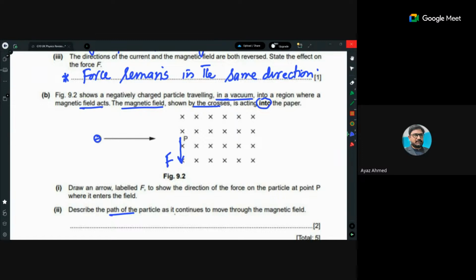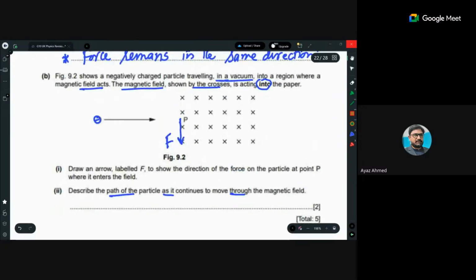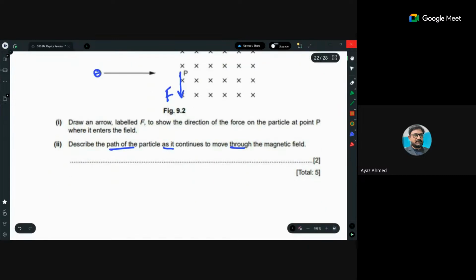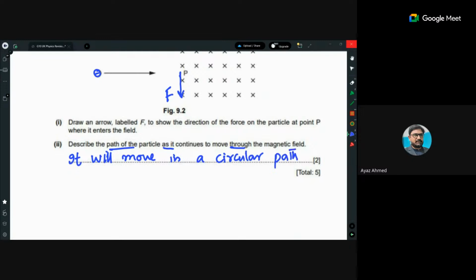Describe the path of the particle as it continues to move through the magnetic field. So when this particle moves continuously in the magnetic field, it would move in a circular path, right? I will explain it with a diagram. Don't worry.